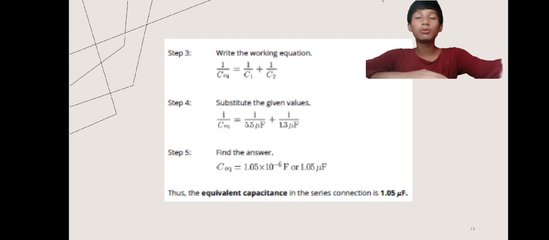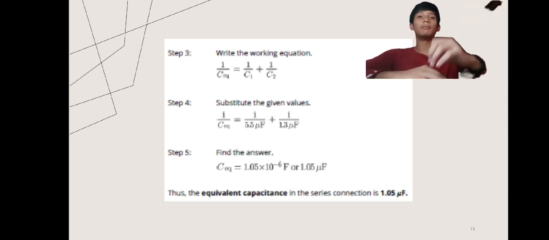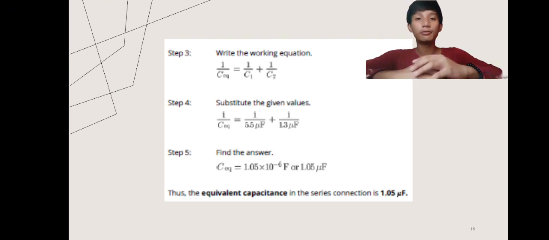Next is to write the working equation, which would be 1 divided by CEQ, or equivalent capacitance, equals 1 divided by C1 plus 1 divided by C2. Next is to substitute the given values, so it would become 1 divided by 5.5 μF plus 1 divided by 1.3 μF.